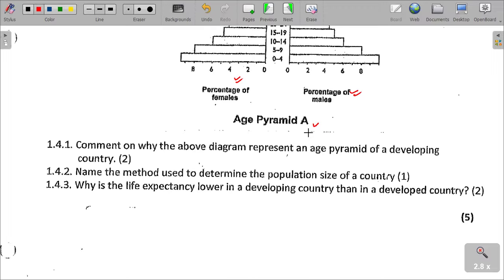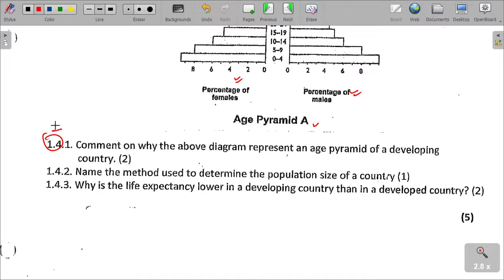One, it has a high birth rate, which means it has a broad base. Question 1.4.1. Our pyramid is of a developing country because it has a broad base, which we can agree on as a class.